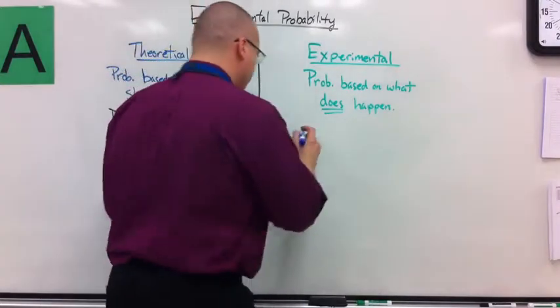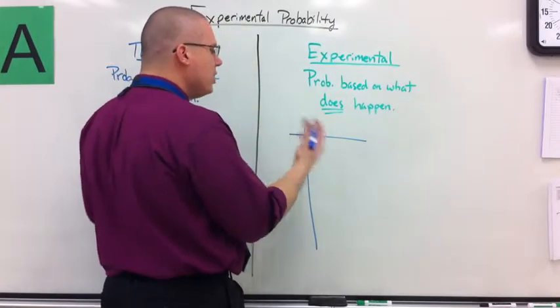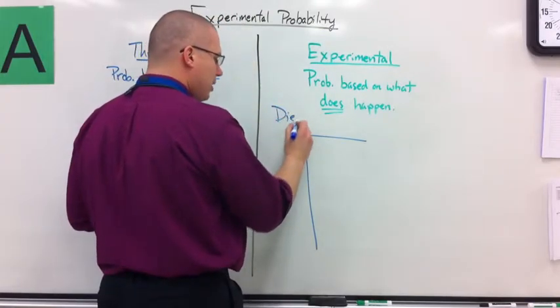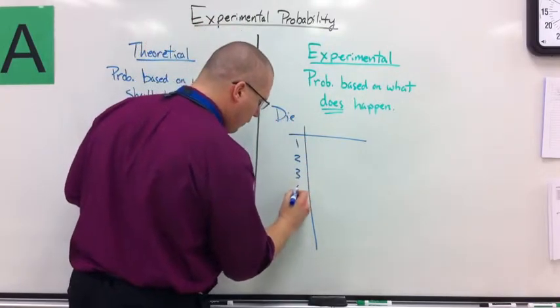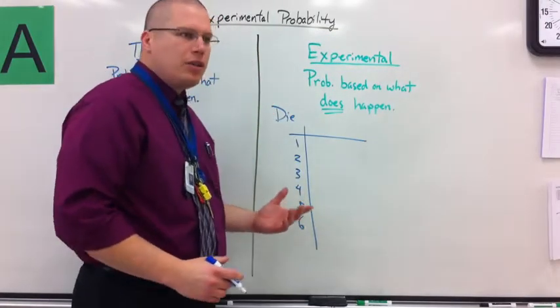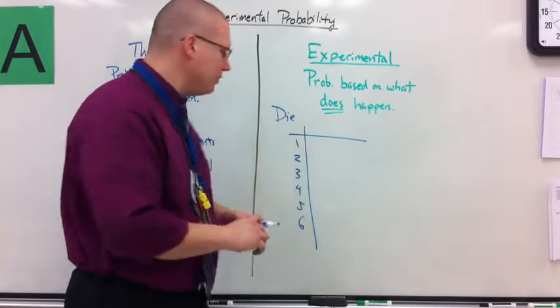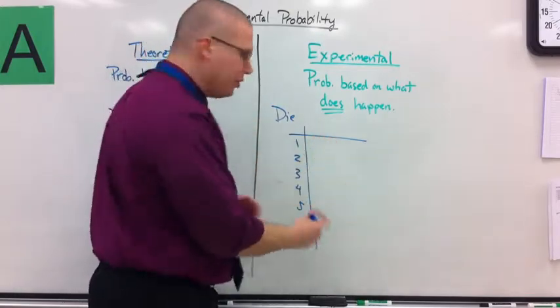So for instance, let's make a quick chart. And you will see charts that look like this. Same idea, I'm rolling one die. 1, 2, 3, 4, 5, 6. And what this means is, nobody looked at the chance ahead of time, they just took an object and started using it. So they kept a tally chart.